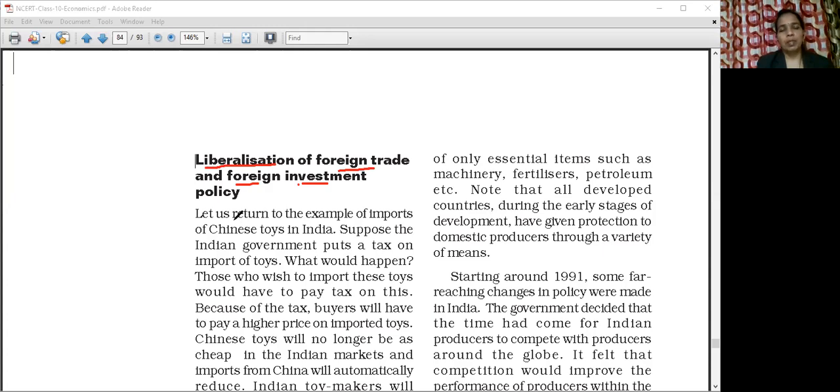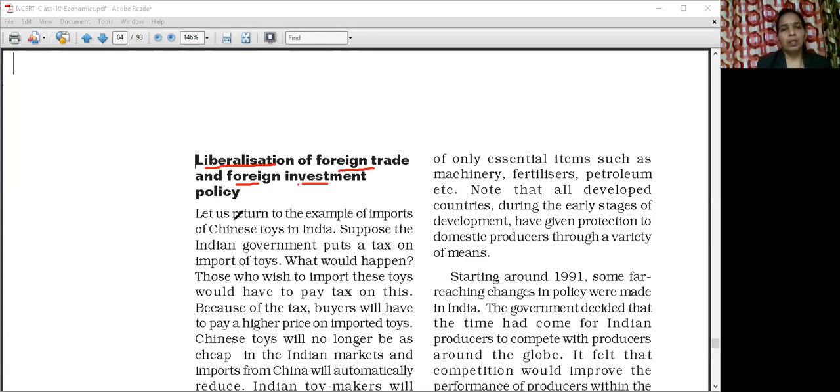It works by imposing taxes on import and export. When there are fewer taxes on imports, foreign goods become available and flood the local market.